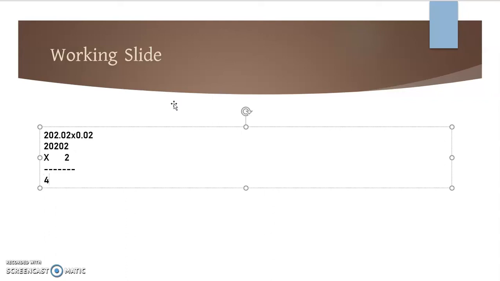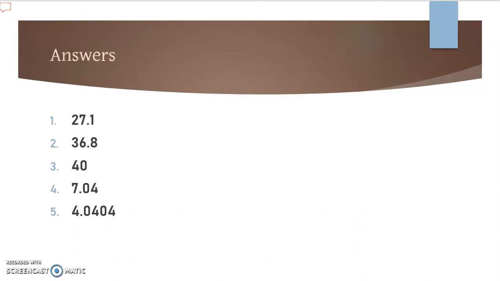So 2 into 2 is 4, 2 into 0 is 0, again 2 into 2 is 4, again 2 into 0 is 0, 2 into 4 is 4. This is our answer, and we have to put 4 decimal points, 4 numbers after the decimal. This is 4.040. Simple.